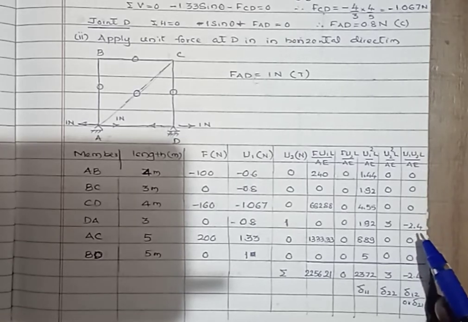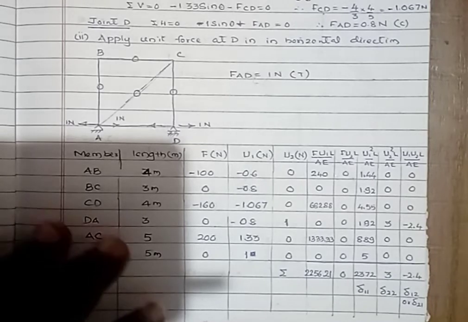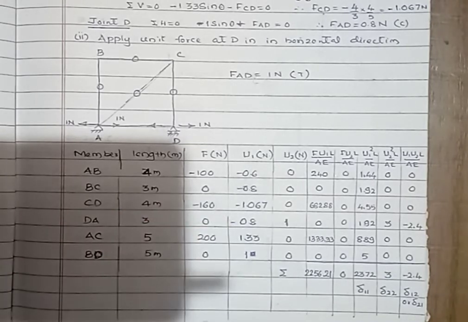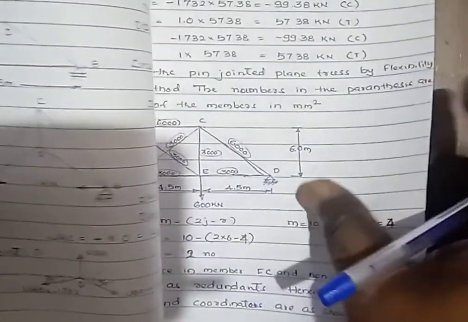Here in only one of the members you will get minus 2.4. Taking the summation, delta 12 or delta 21 equals the summation of U1 U2 L by AE, that is minus 2.4 as shown in the table. Now we can get the flexibility elements.